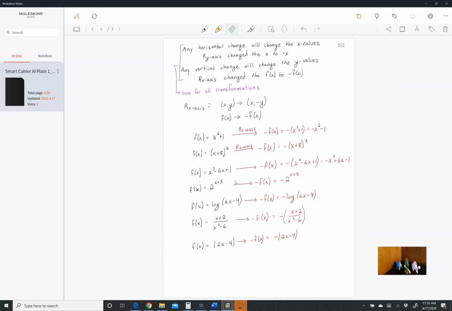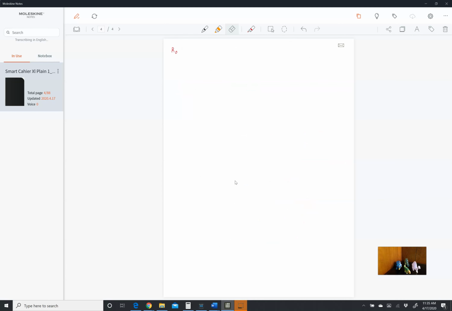So let's look at what that would look like with respect to points, just like we did with the others. And remember, just in case you forgot the terminology, the origin is the point 0, 0. And what this is saying is that your mirror is on that point.